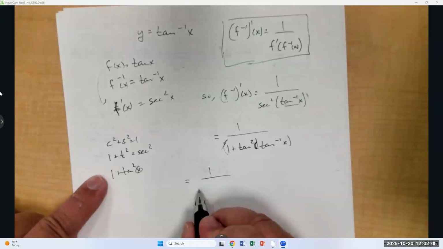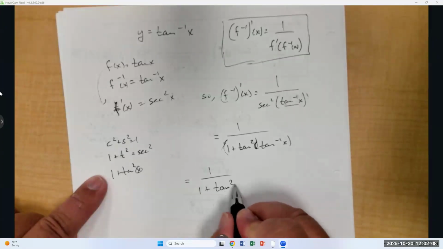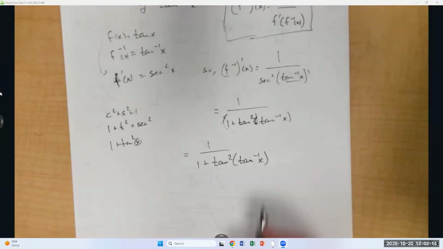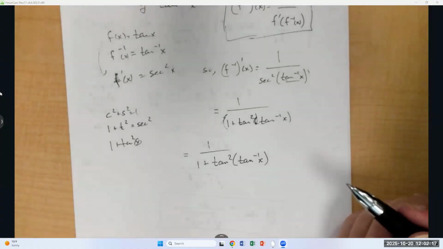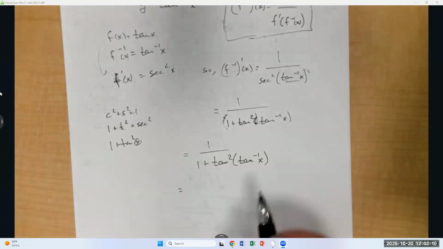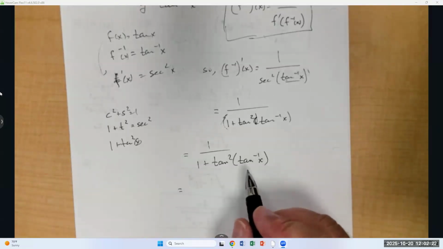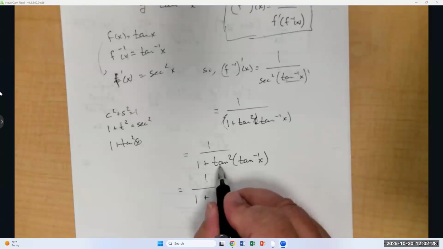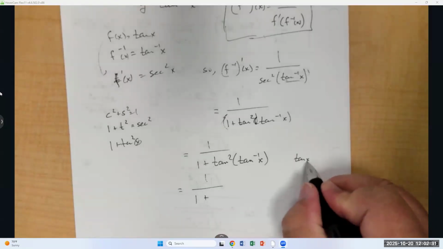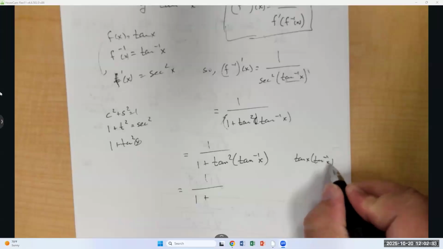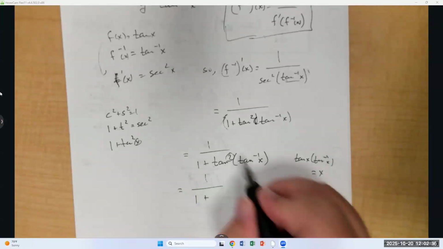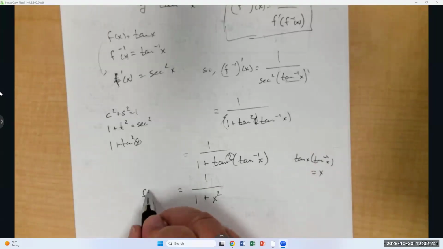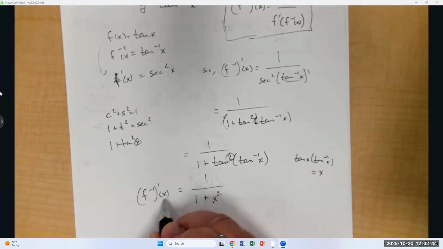So we have 1 over 1 plus tangent squared of tangent inverse of x. So tangent x times tangent inverse of x is equal to x. And it's squared, so it's x squared. And that is our derivative.